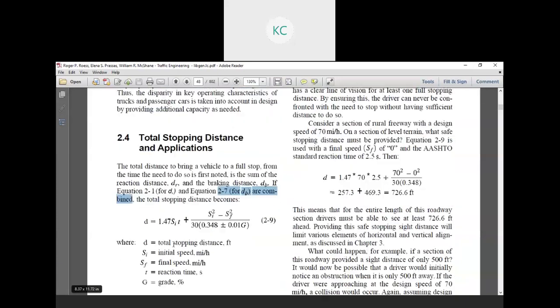So stopping distance is the distance from when braking is first applied to the point where the vehicle actually stops. This total distance is called the total stopping distance.